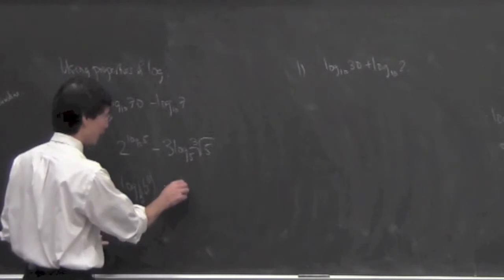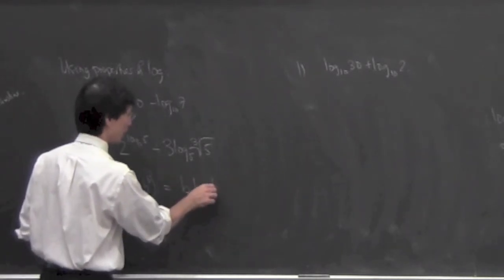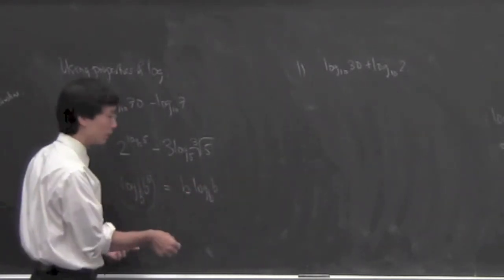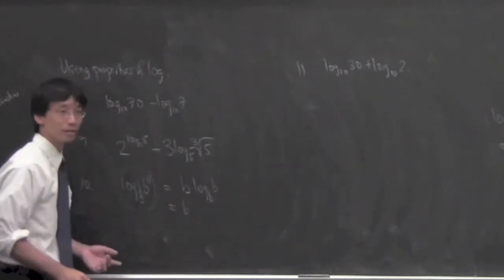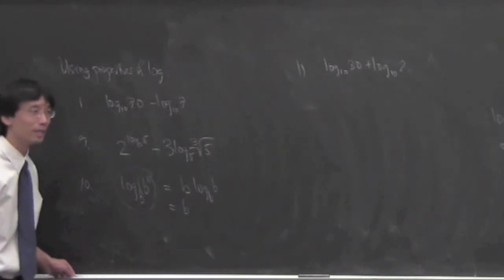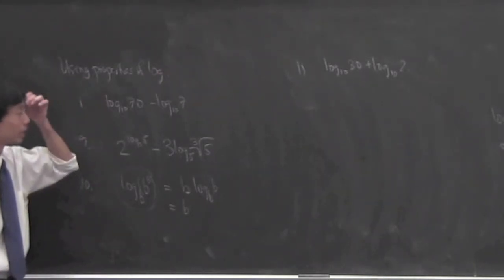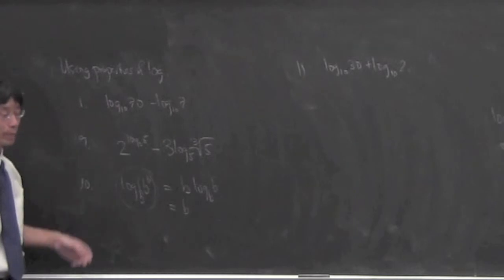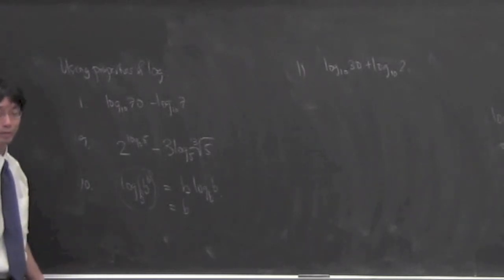Because you can pull b out, and you get b times log base b of e. Well, log base b of b is 1. It's b. Okay, I'll let you guys think about it for 1 minute and see if you can figure out these remaining things. And then we'll talk.